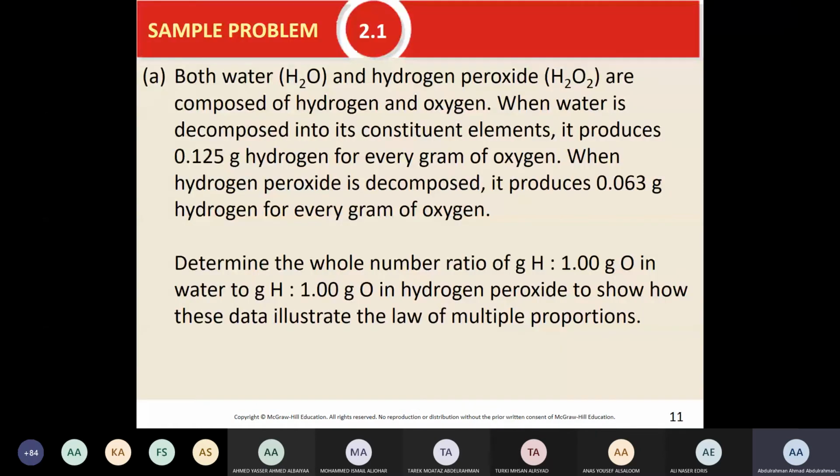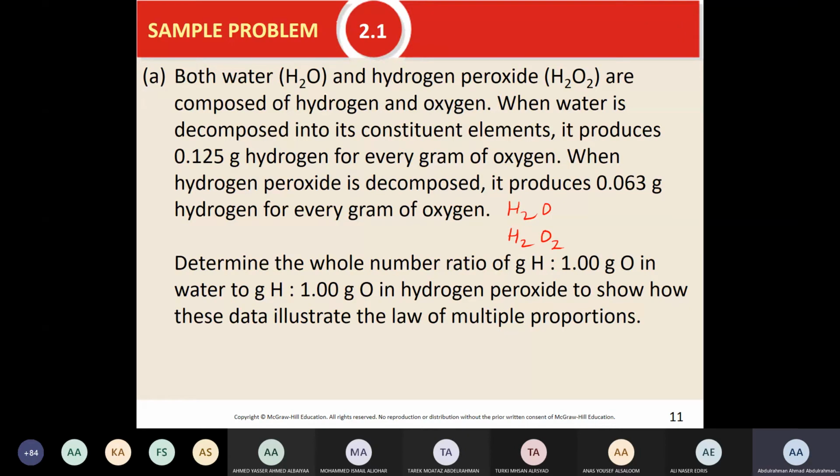Good. Next, let's have these two examples. Okay, we have H2O. What's this? Water. Compared to H2O2. Okay, what's this? Hydrogen peroxide.